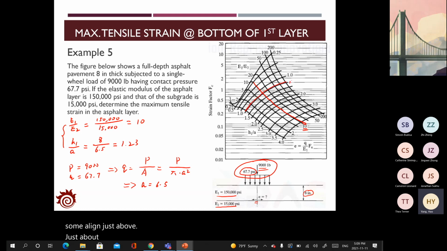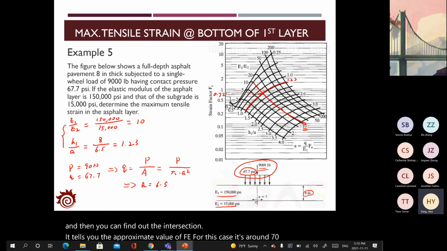This line should be the one we select, 1.23. And then you can find out the intersection, and it tells you the approximate value of FE. For this case, it's around 0.72, and this is FE.